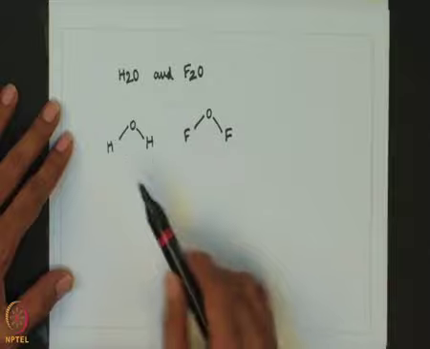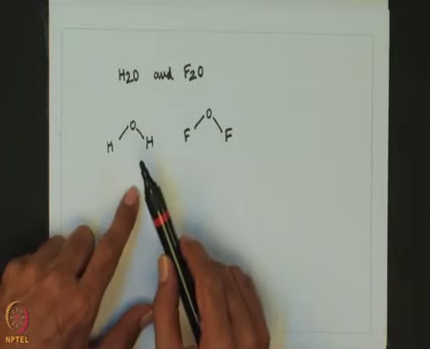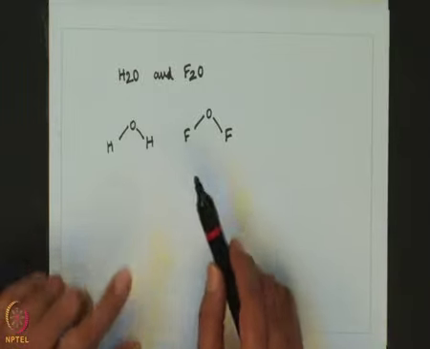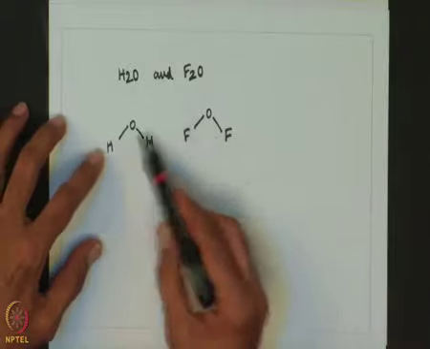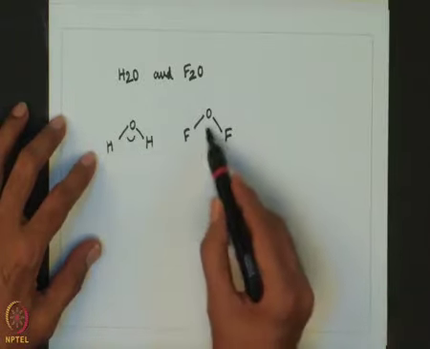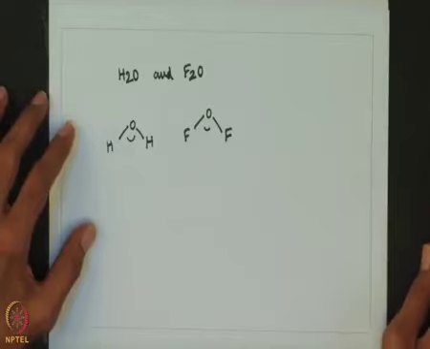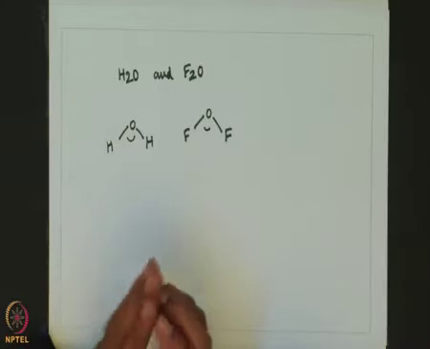So, the question is between H2O and F2O, which will have larger angle, which one will have larger angle. So, now again fluorine is more electronegative than hydrogen. Therefore, the space occupied by the OH bonding pair in the oxygen valence shell will be much greater. Hence, H2O will have the larger XOS bond angle.